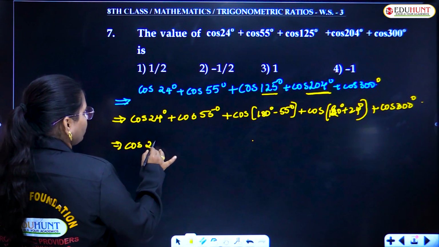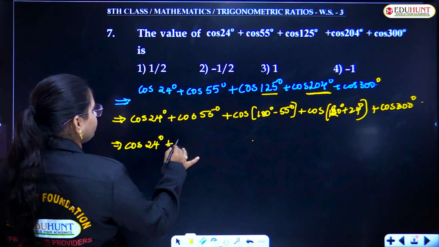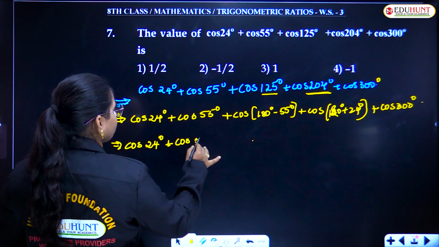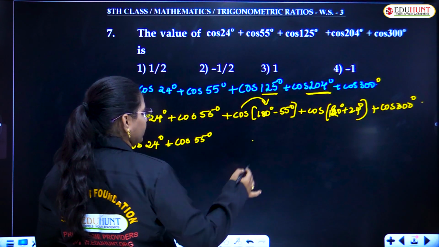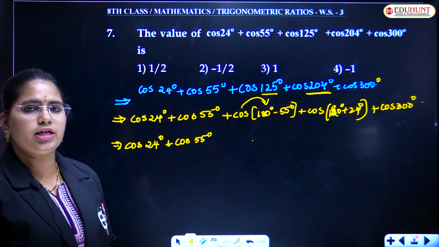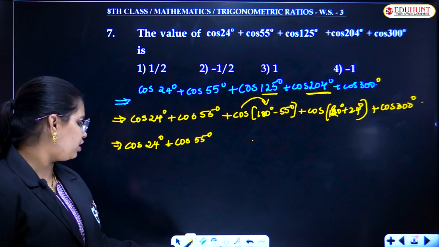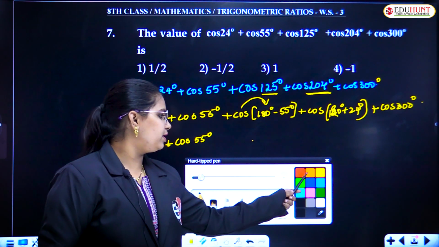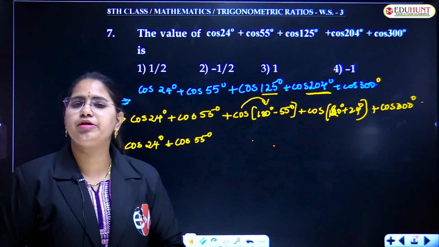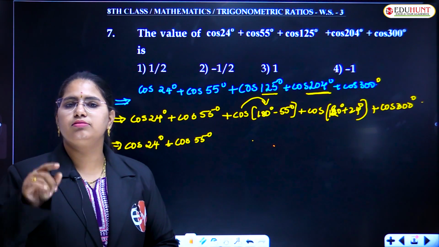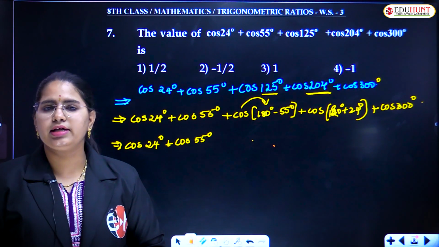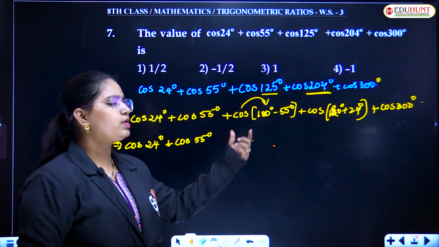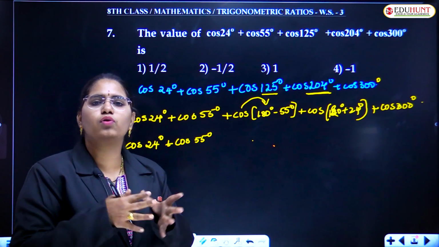Cos 24 degree plus cos 55 degree, and cos 180 minus theta. First you need to check which quadrant 180 minus theta belongs to. It is the second quadrant. In the second quadrant, is cos positive or negative?